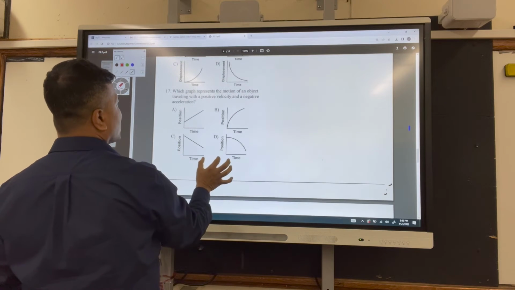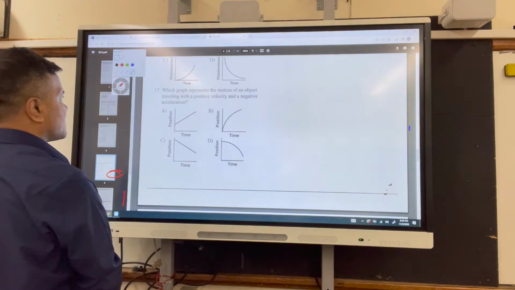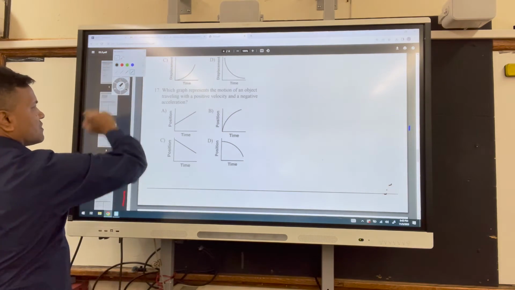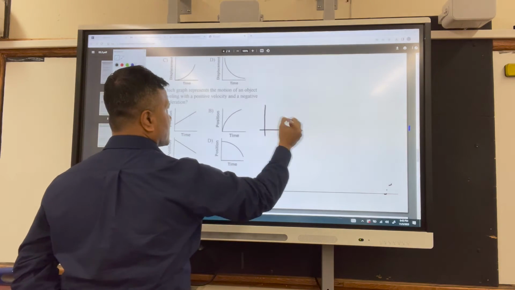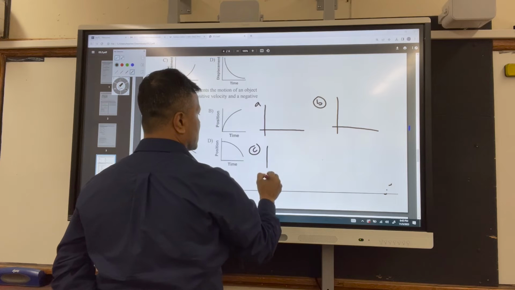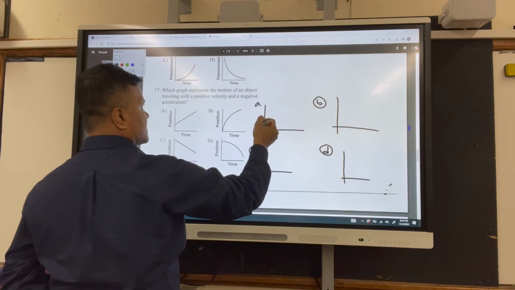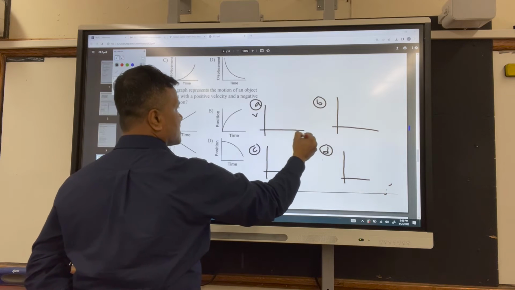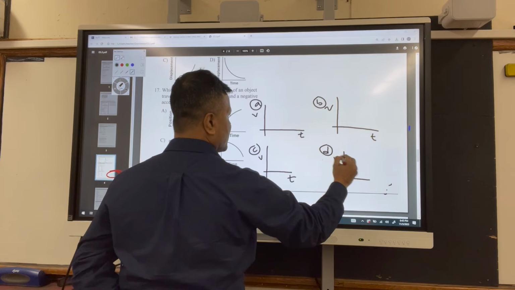Now whose graph represents the motion of an object traveling with a positive velocity and negative acceleration? Again, we're going to draw the graphs A, B, C, and D. These are all velocity graphs, right? These are VT, VT, VT, and VT.